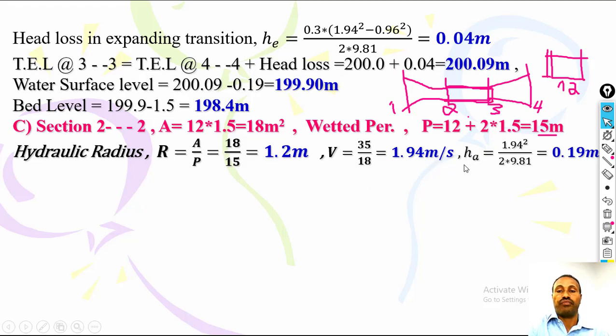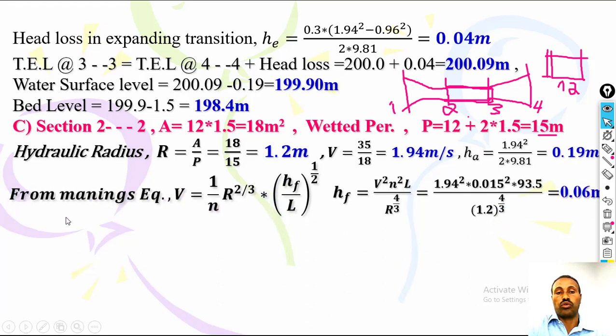Clear? Then the velocity is this one at this point, the same as this one according to the continuity equation with the same cross section. So approach head will be v square over 2g, this one, 0.19. Then from the Manning equation, the velocity is 1 over n, R to the two-thirds, slope to the power of half, or square root of the slope. So slope is just friction loss divided by the length of the channel.